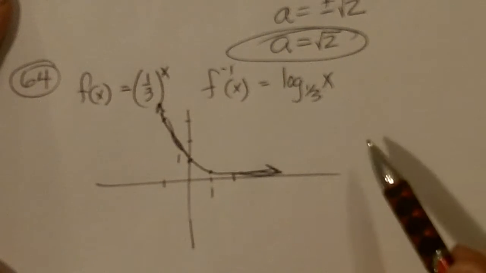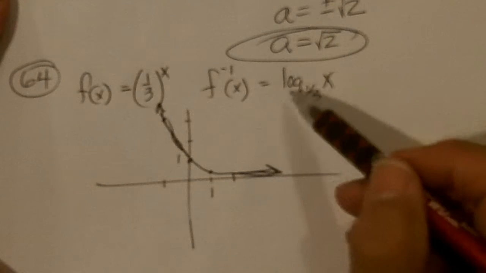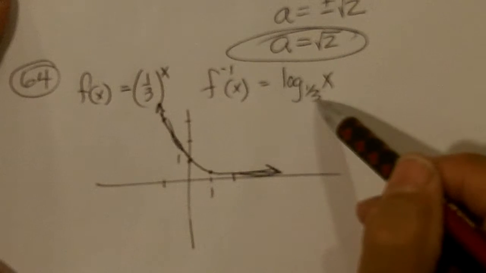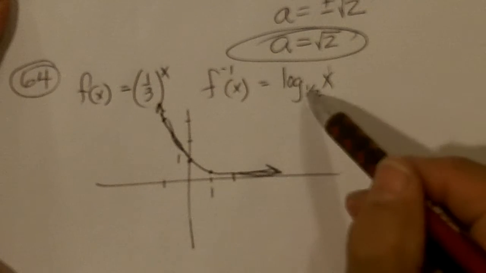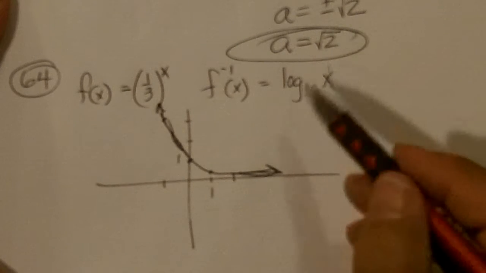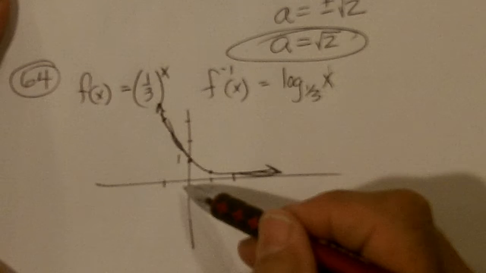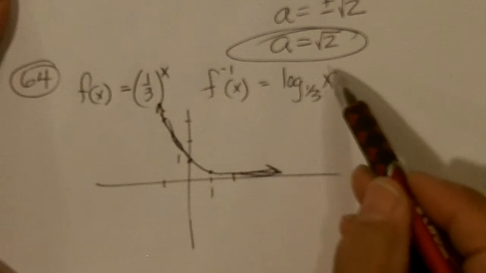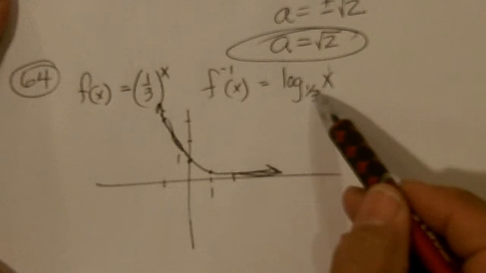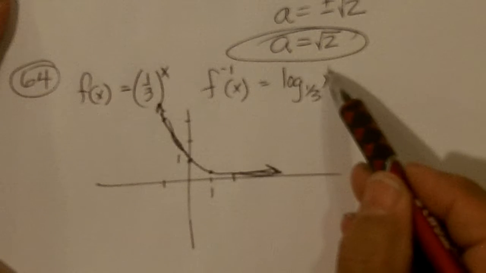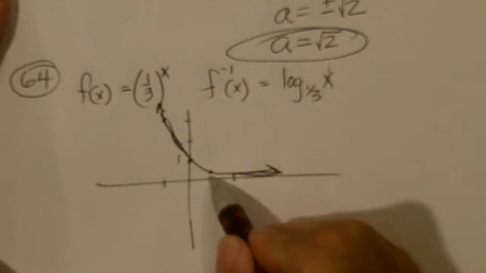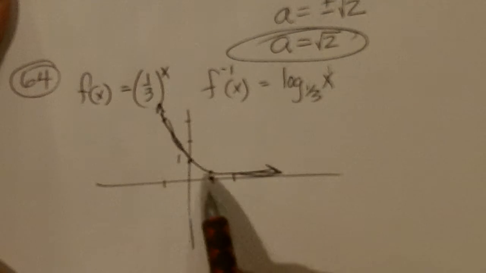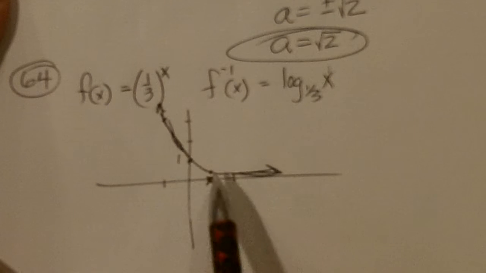Now let's do f inverse. To what power do I take 1/3 to get, let's say, 1? Well, 1/3 to the 0 is 1. So log base 1/3 of 1 is 0. So if x is 1, it's 0. I'll put x's on the points here, which is just the opposite of this one.